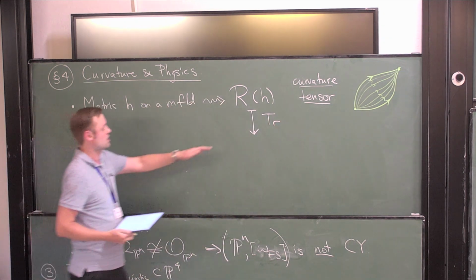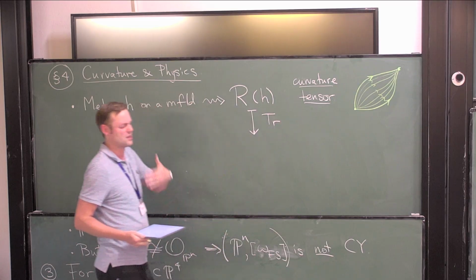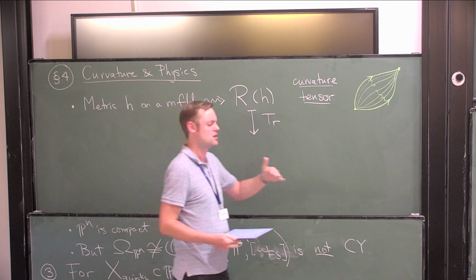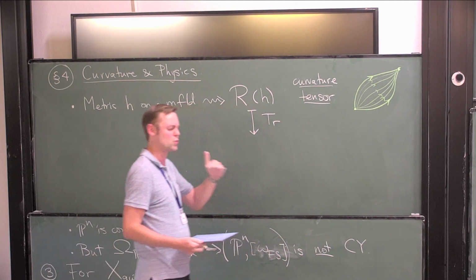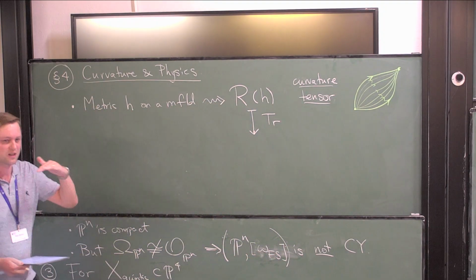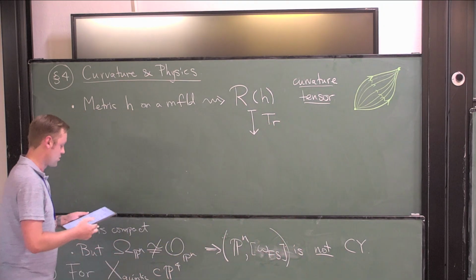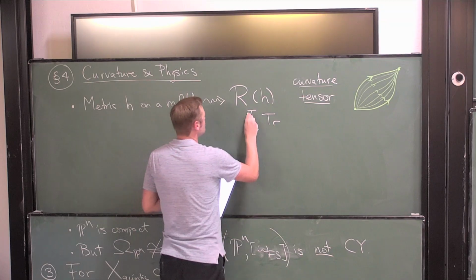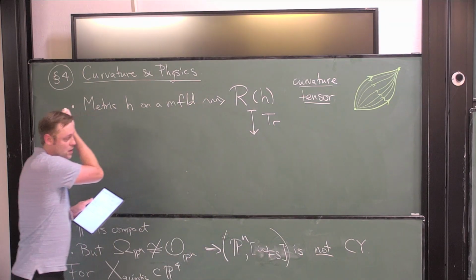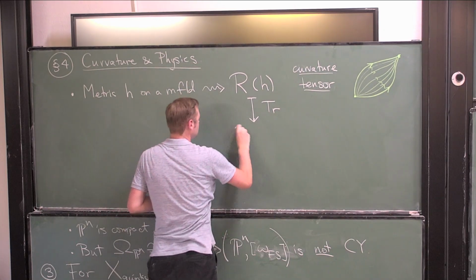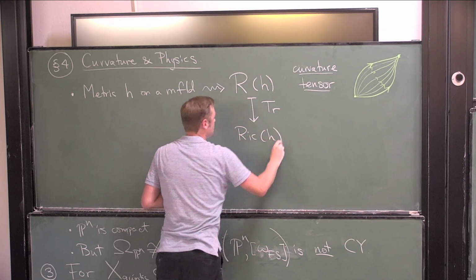A tensor is not just a matrix; it's kind of like a multi-dimensional matrix, so when you take a trace, you get a lower dimensional matrix. Those words don't really mean much, but hopefully they convey the spirit of the truth. When you take the trace of the curvature tensor, you arrive at another really important quantity, which people call the Ricci curvature.